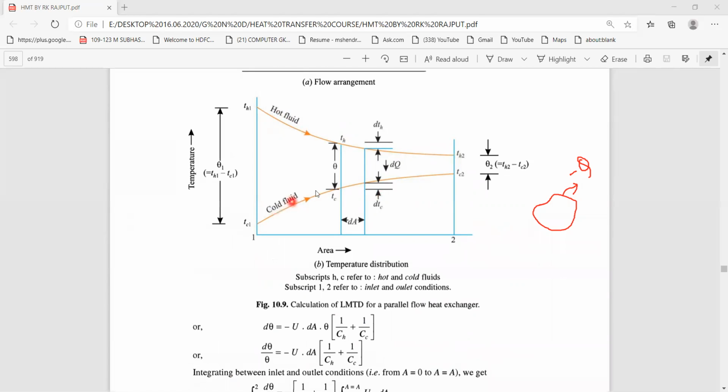For the hot fluid, if we take the direction along the positive x-axis, the temperature of the hot fluid is decreasing. So that's why we have taken the minus sign for the hot fluid. Similarly for the cold fluid, if we take the direction of flow along the axis, the temperature of the cold fluid is increasing. So that's why we have taken the positive sign for the cold fluid.